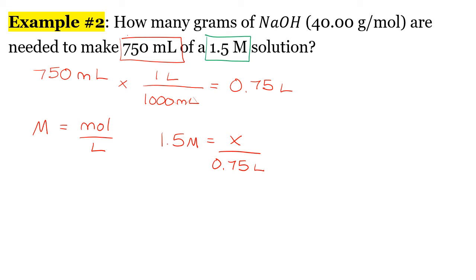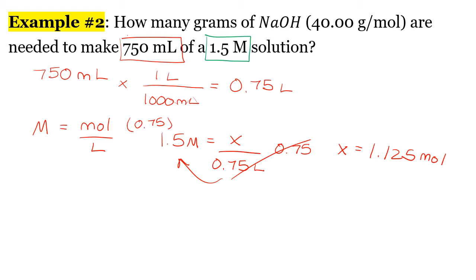We converted that to 0.75 liters. So we're going to get X by itself. Let's go ahead and multiply both sides by 0.75. And when we solve, we'll get X is equal to 1.125 moles.